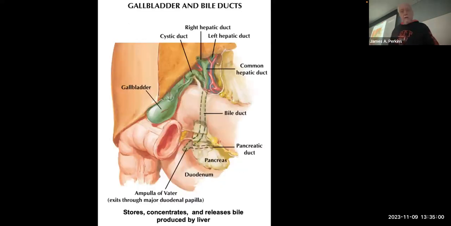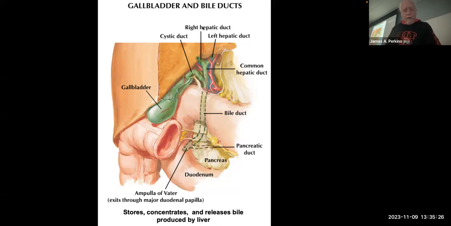Okay, so the bile that's produced by the liver is collected by a series of tiny little bile canals. And eventually those little bile canals lead into these two hepatic ducts. So there's a left hepatic duct, which is collecting all of the bile from the left lobe of the liver.